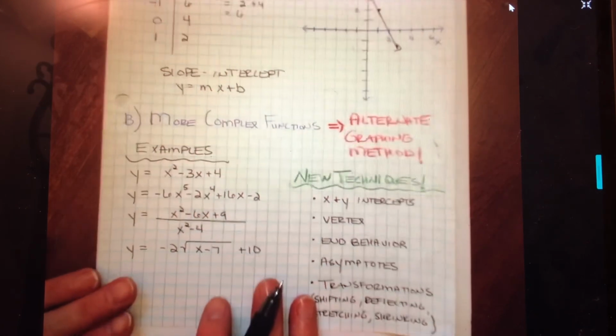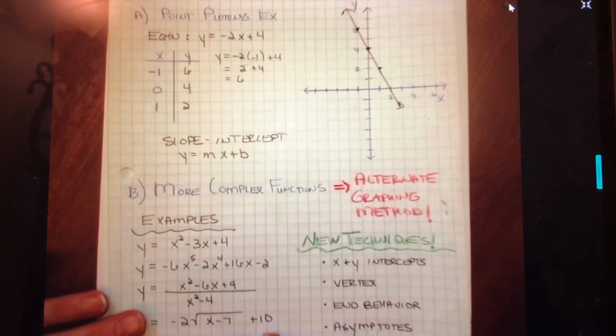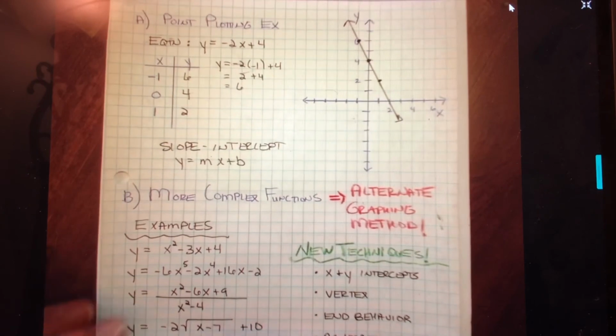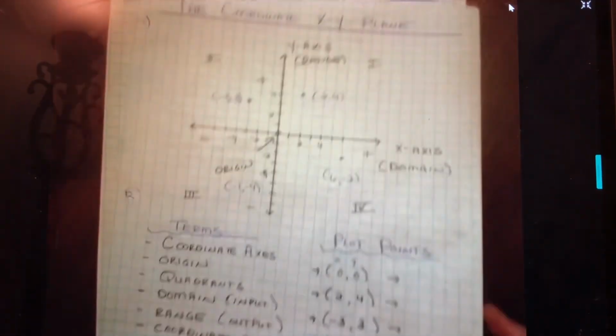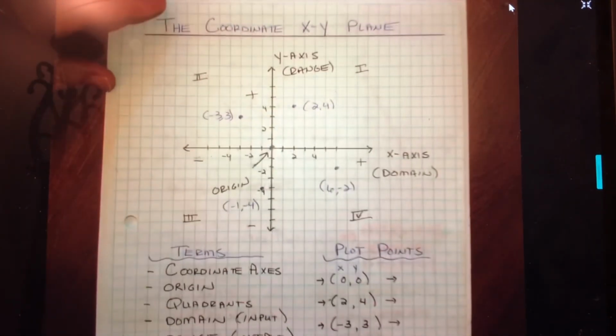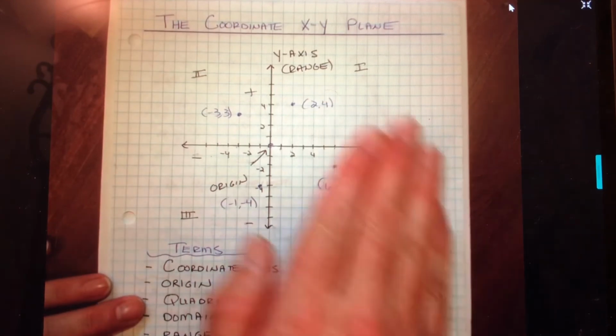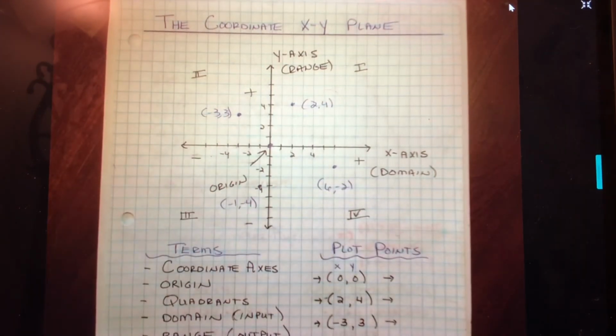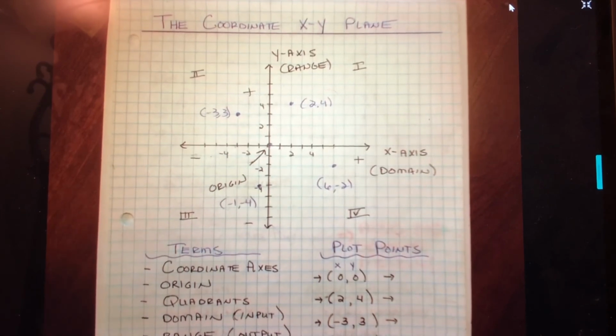So again, that's one of the main goals of college algebra, is to graph functions, and hopefully this gave you a reminder of the background that you should have seen before, which is the whole concept of the coordinate plane and how we can use that tool to create graphs for functions.